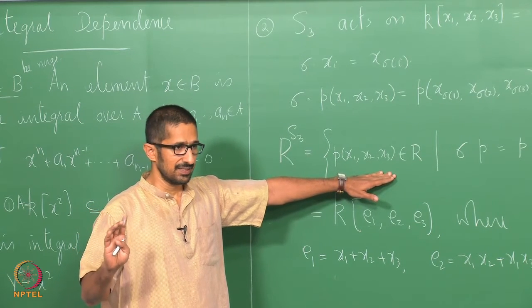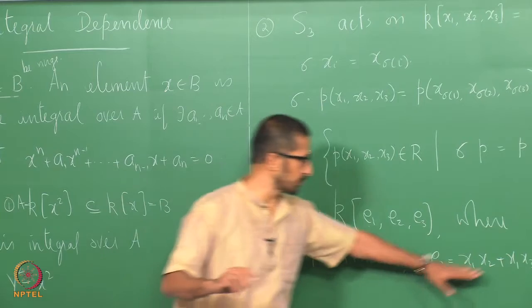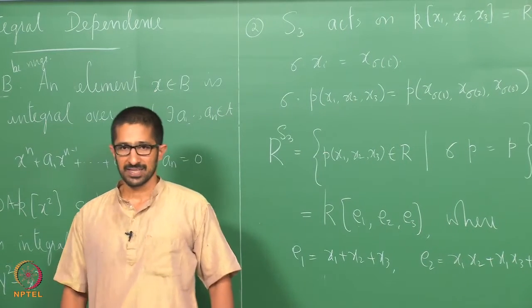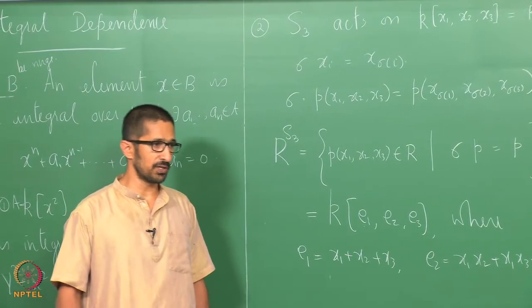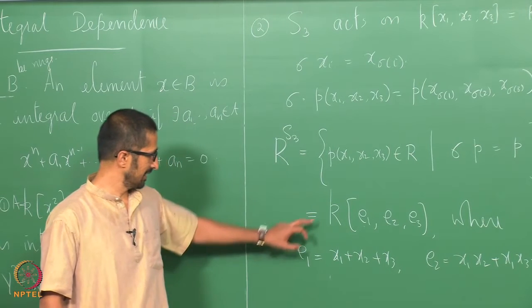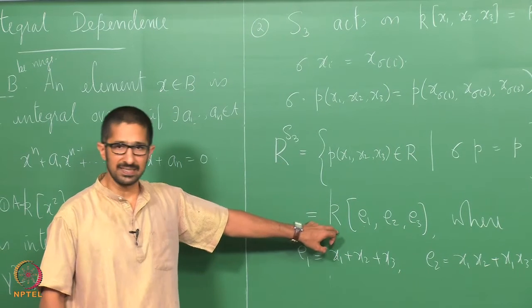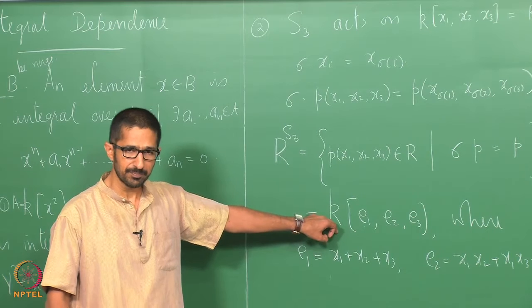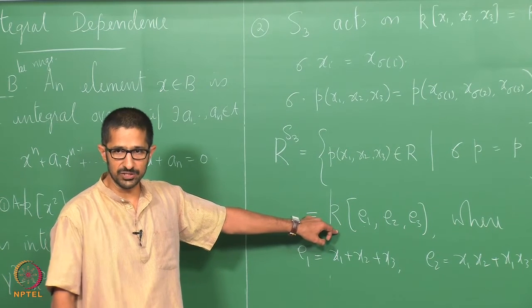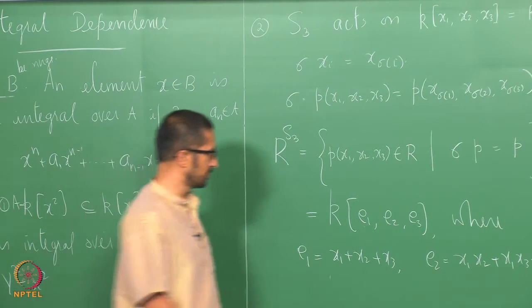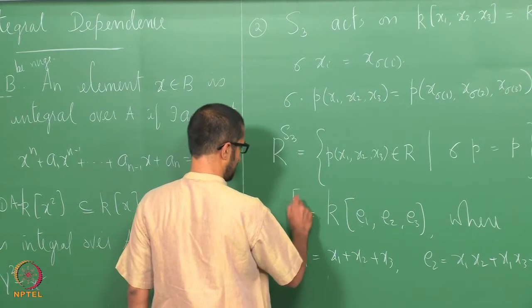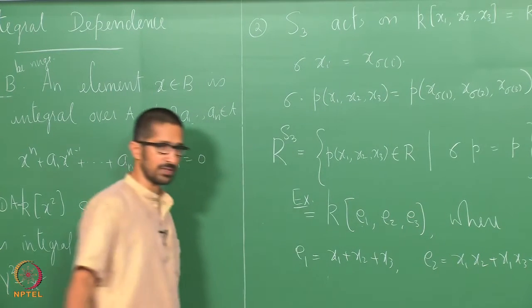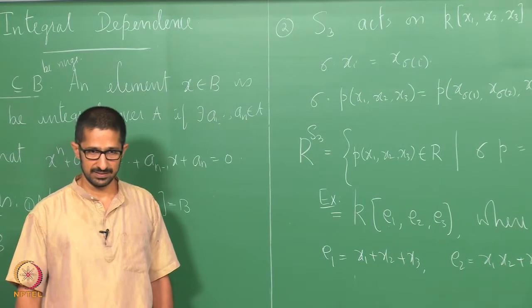Okay. These E1, E2, E3 are called elementary symmetric polynomials. Okay. This equality is not very difficult to show. I will leave it to you as an exercise.